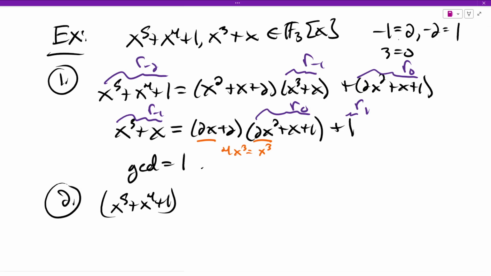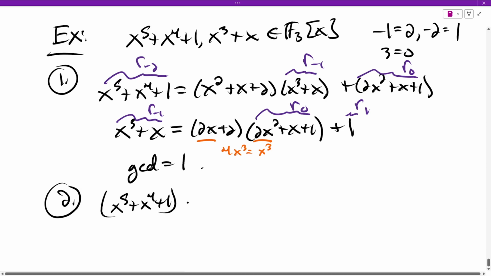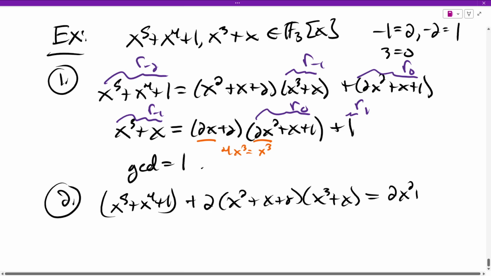And then subtraction is really a multiplication by 2 over F3. That's what we're doing here. Instead of subtracting over, I'm going to move over but multiply by 2. It's the same as subtraction. You could write subtraction if you wanted. And that's equal to our first remainder, r0. So I just took that first equation and solved for r0.